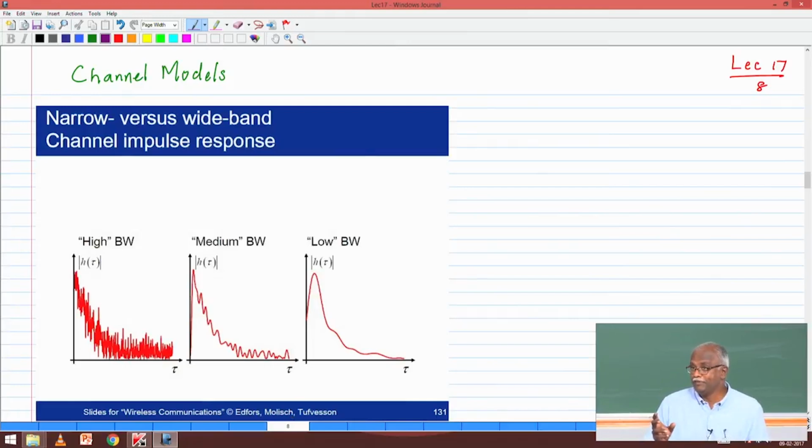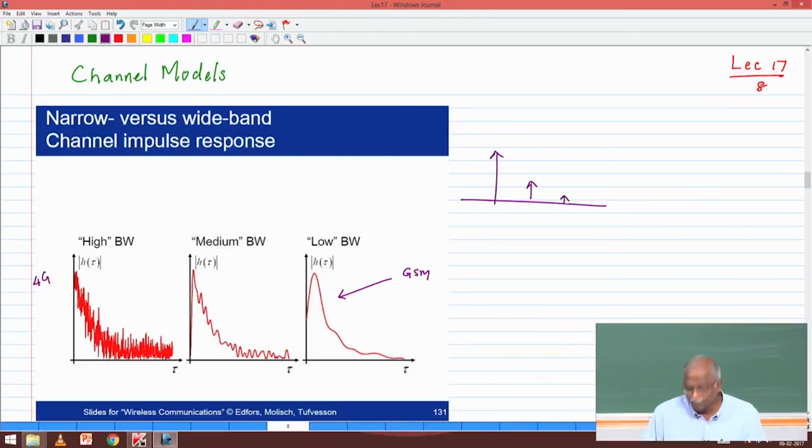Say I have a GSM signal, narrowband, compared to a 4G signal which has 20 megahertz bandwidth. The same channel looks like it has just a few multipath components. The shape will look the same, but for GSM it looks like a few multipath components. This is what it will look like for GSM, and this is what it will look like for a 4G system. You have to sample it using a delta tau spacing, so for GSM it may look like this, while for the 4G system it may look very, very different.